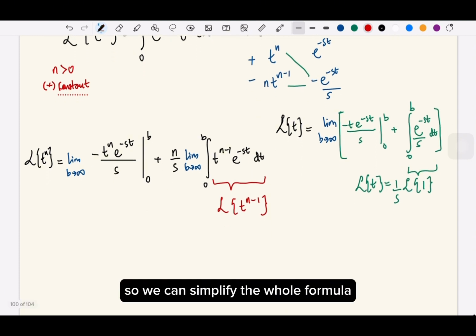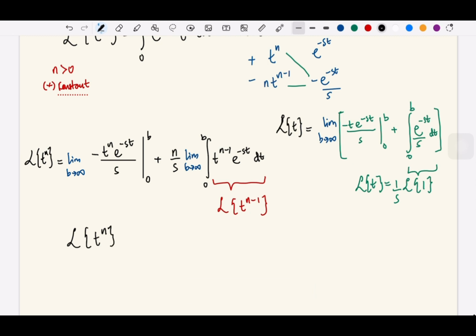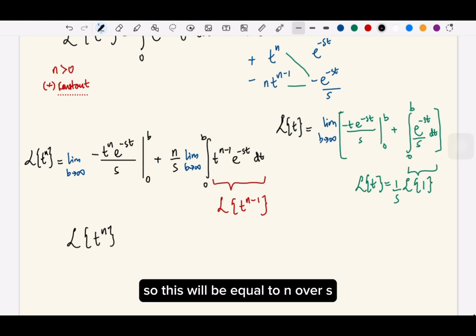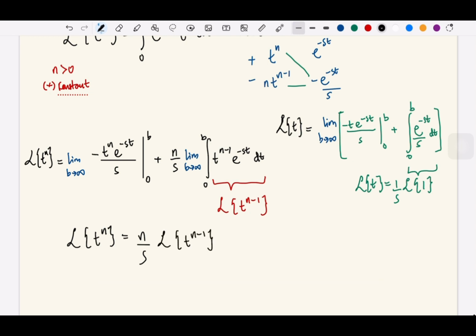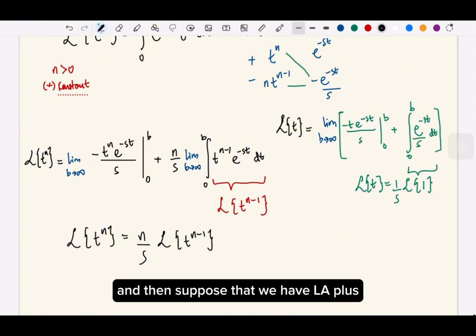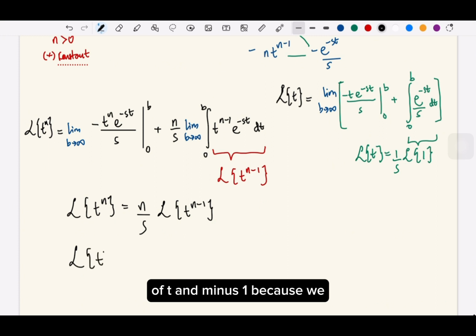So we can simplify the whole formula for Laplace of t with power of n. The left part is 0, so this will be equal to n over s multiplied with Laplace of t to the power of n minus 1. And then suppose that we have Laplace of t to the n minus 1.